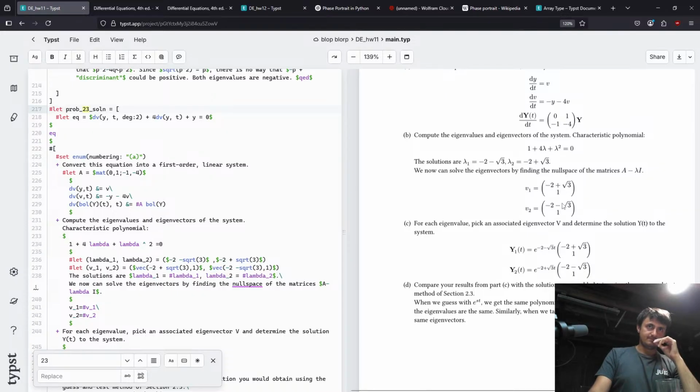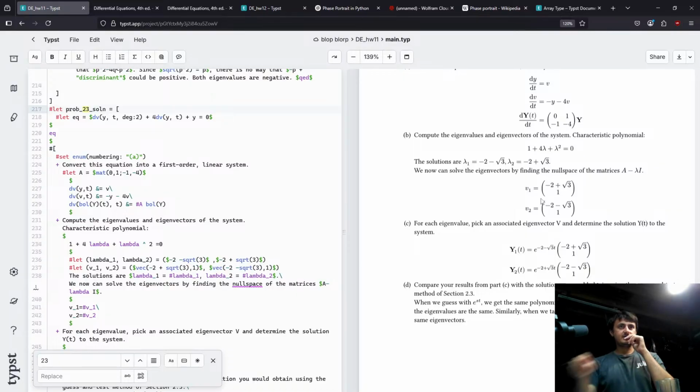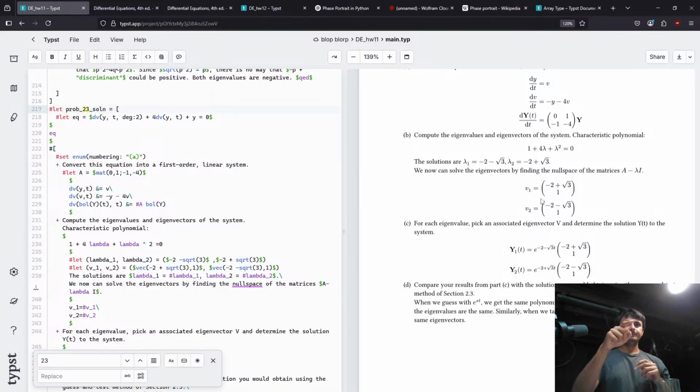Because this is gonna be like minus 3.5 or something like that. Yeah, that's gonna be like minus 3.5, 1. That's gonna be like this, and then this one is gonna be 2 or minus 2. So that's gonna be like this, and this one's gonna be like that. Okay.